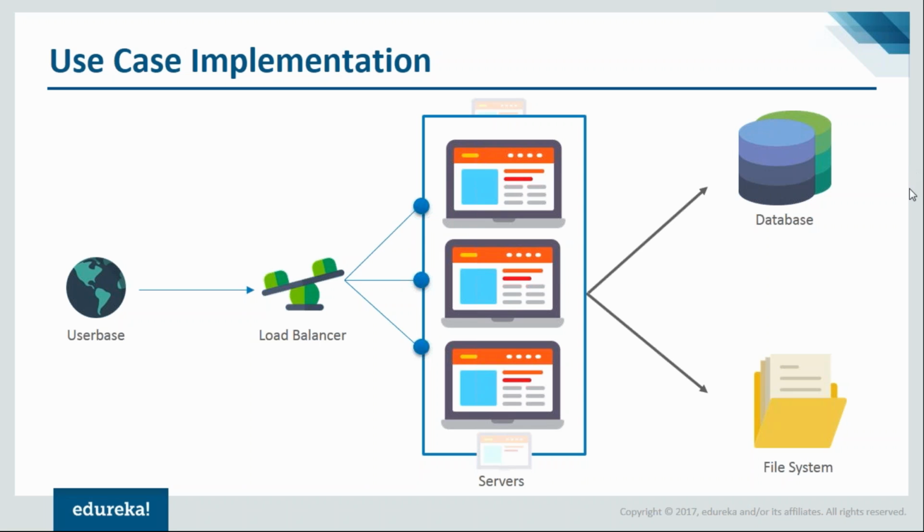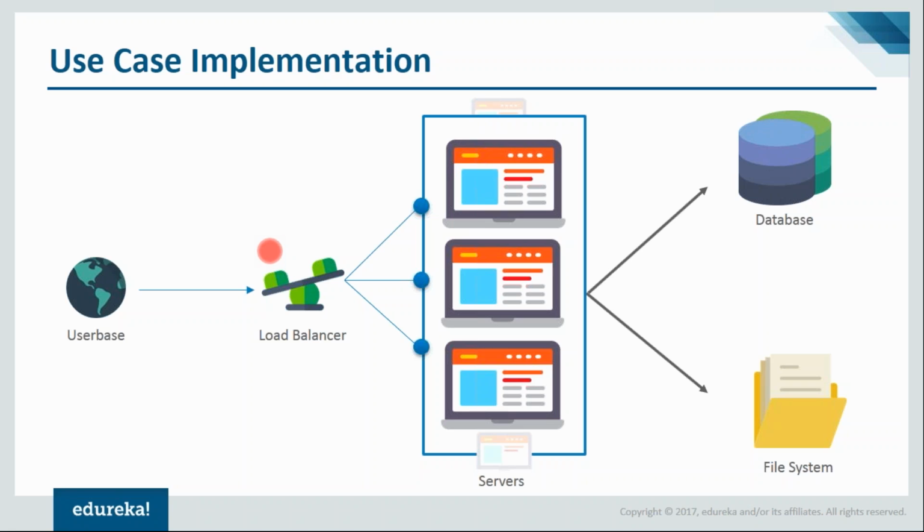So your user base will be accessing the internet, right? Now, when your user will try to access the website, he will enter the website name, right? So all of that traffic will come at this point, which is called a load balancer. Now, what is a load balancer? A load balancer is basically a service which distributes your traffic equally among the servers running at that time.